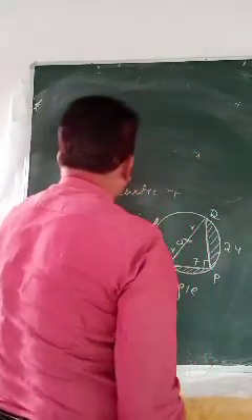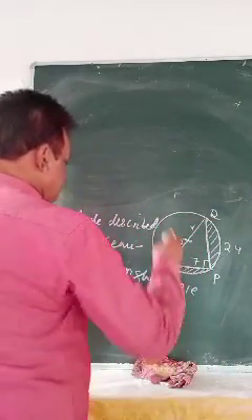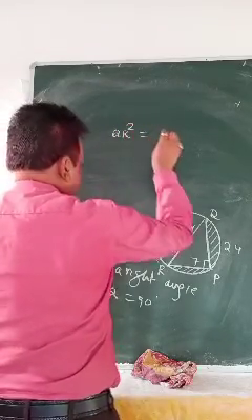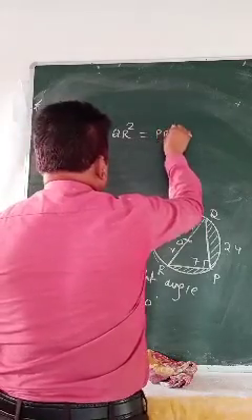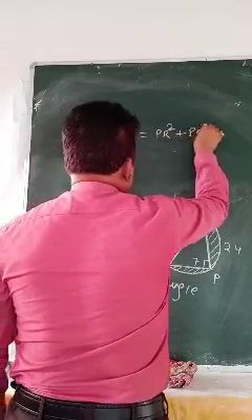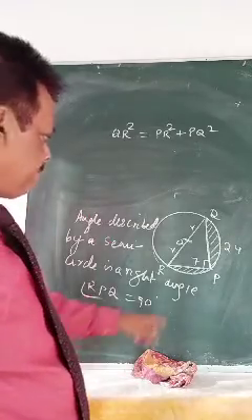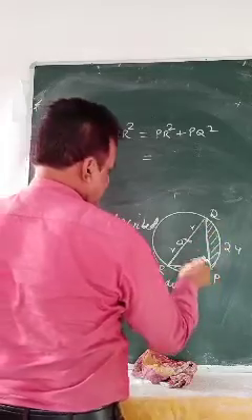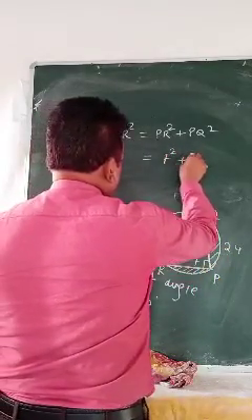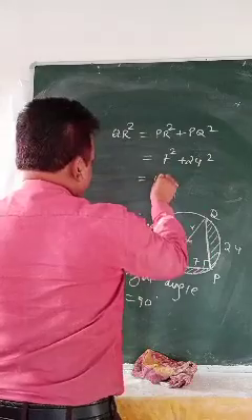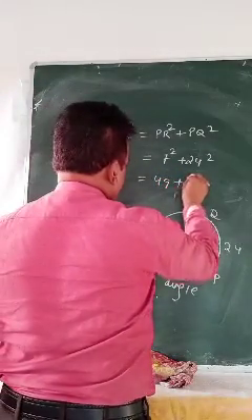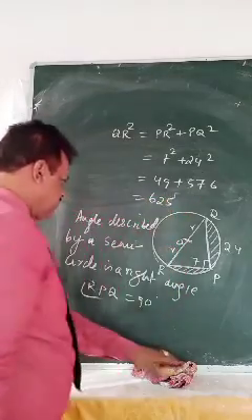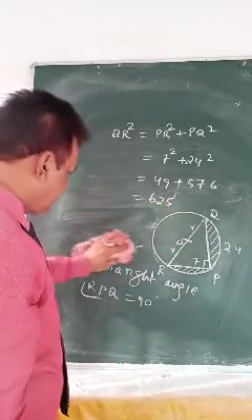So now, in triangle PQR, the square of the longest side QR is PR square plus PQ square. QR is not given, so it is 7 square plus 24 square, 49 plus 576, which is 625.